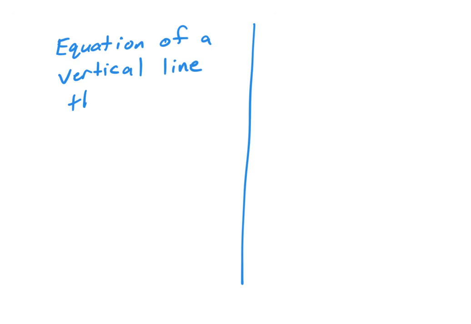Okay, the next couple equations that we're going to work through, we're going to write an equation of a vertical line that goes through the ordered pair 7, 3.